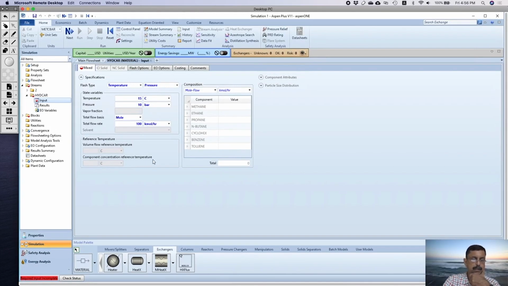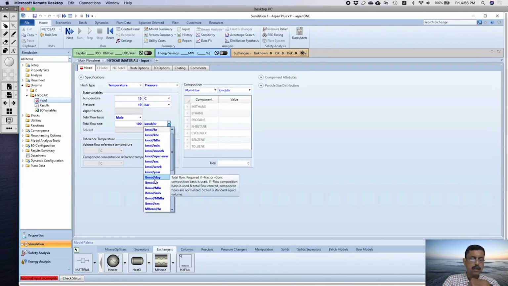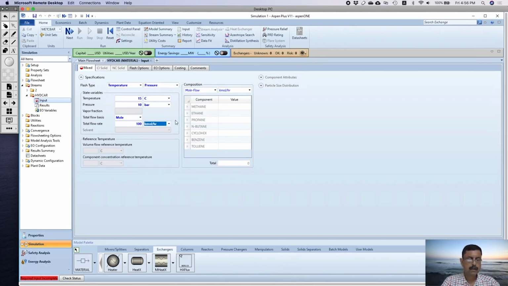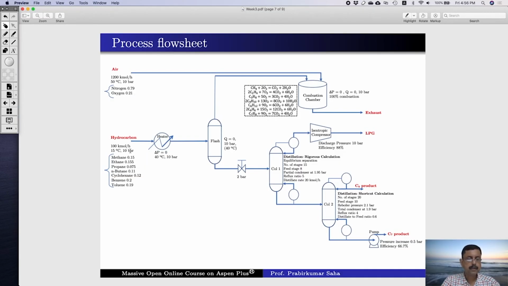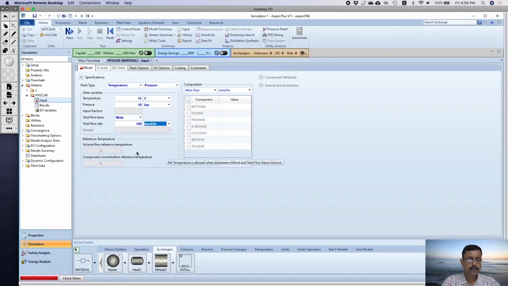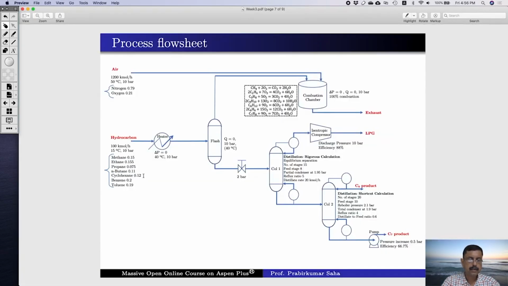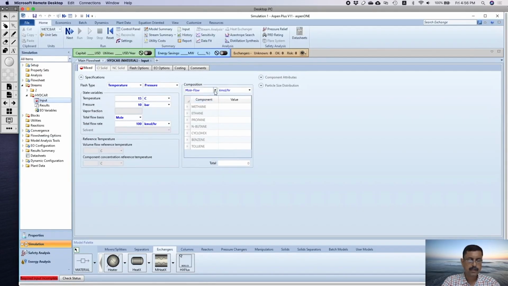Now you have the option to give in other units, but we have kilomole per hour unit over here with mole basis, so we are using this directly. We can give it in mass base or volume base also. Now composition, we can give individual mole flow, but we have it in the mole fraction, so we have to write mole fraction.